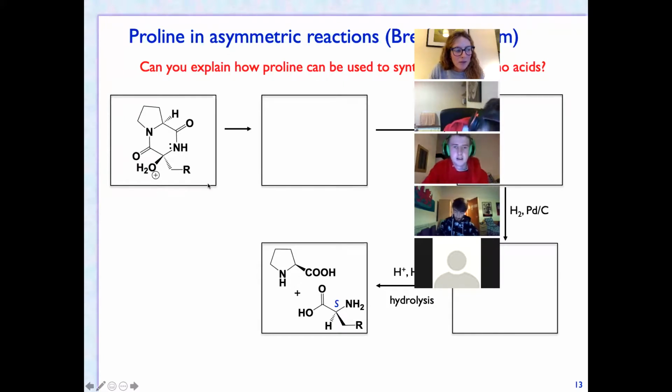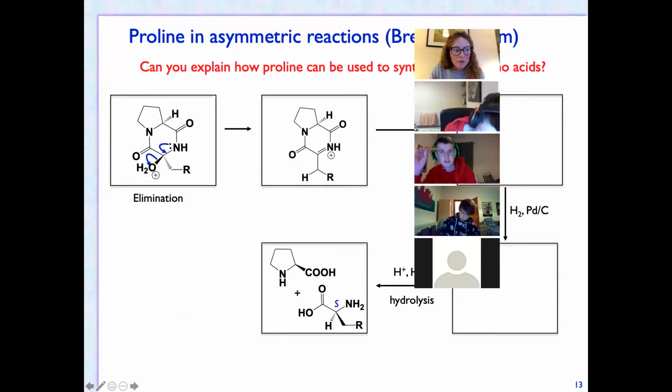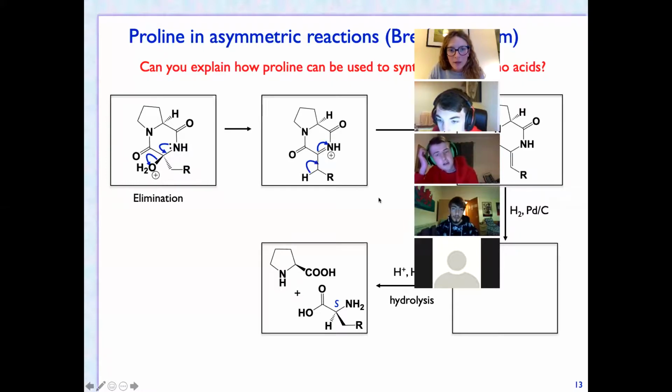Once again, you have a hint. Could the lone pair come in to make a double bond and that kicks out the water? Exactly. So we eliminate a water molecule. That's great, with the formation of this intermediate here. What happens from here? Could that proton go up, then the double bond goes back into the nitrogen? Yeah, that's correct. Very good.